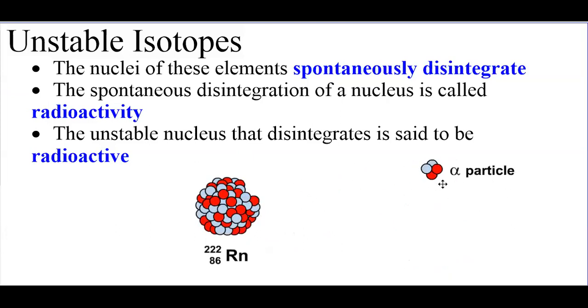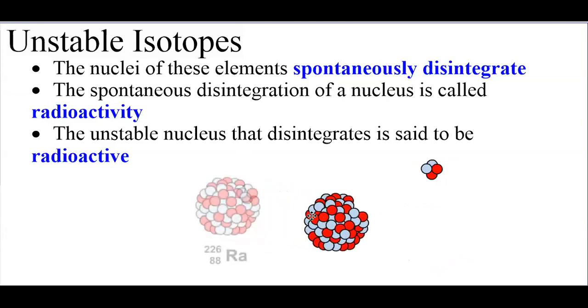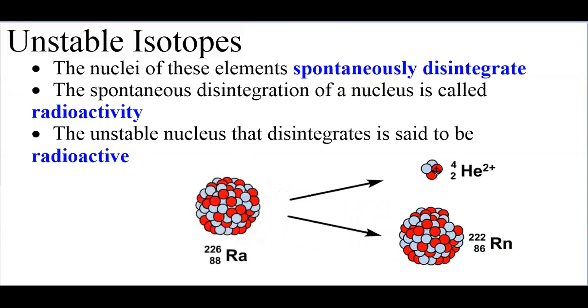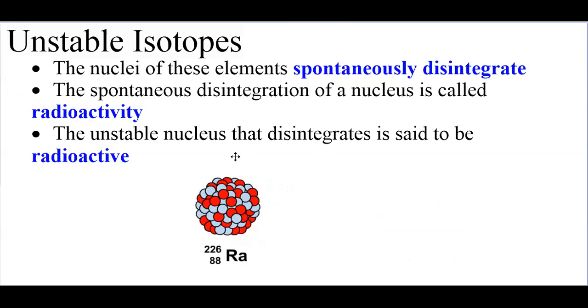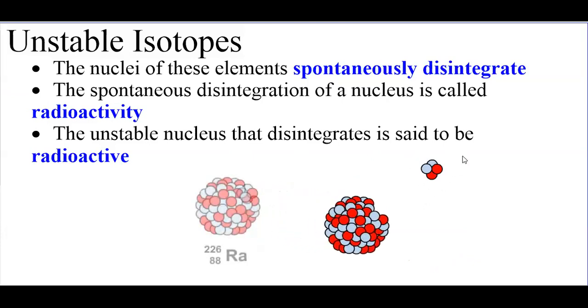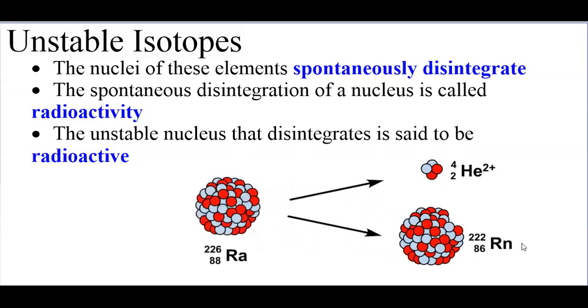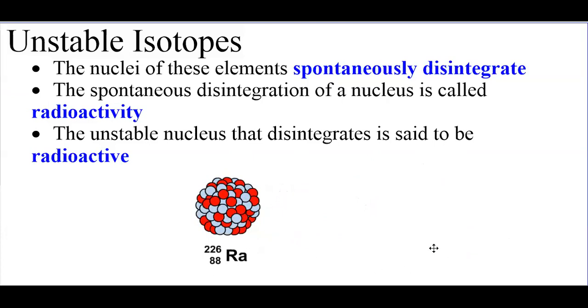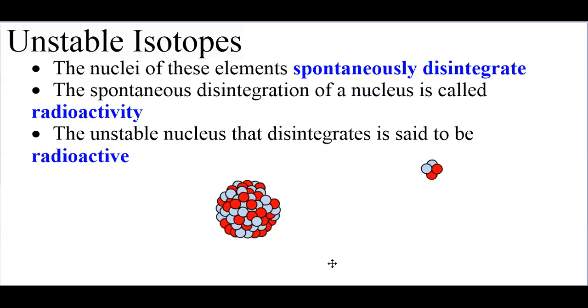In this case, the alpha particle gets spat out, and the nucleus itself decreases its mass by 4 units, so 4 nucleons, so 2 neutrons and 2 protons. And because 2 protons got emitted, this is the alpha particle, our atom actually changed. It changed from radium to radon.